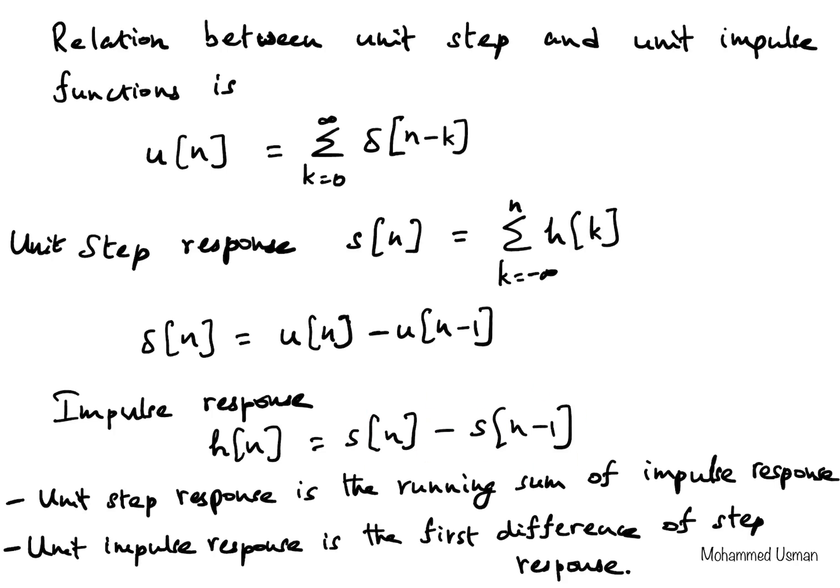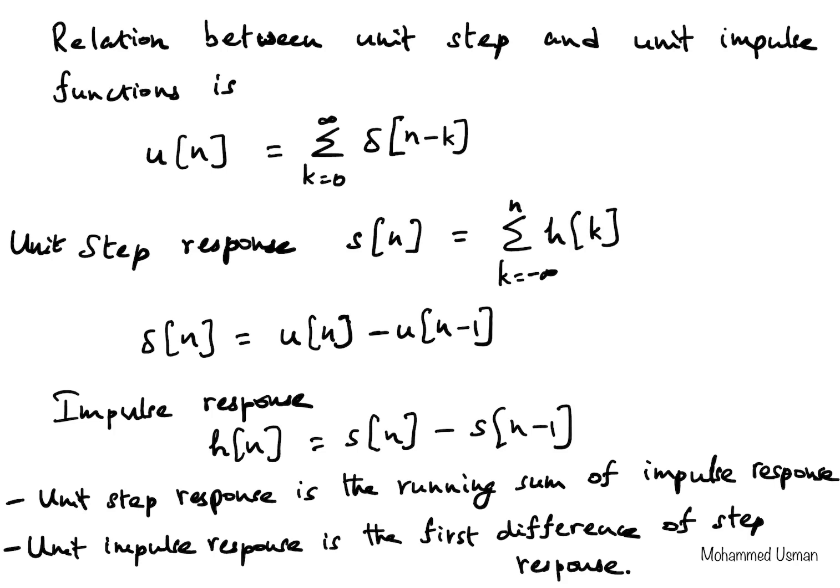So if we know the step response, we can find the impulse response. And since the impulse response completely characterizes the LTI system, the unit step response also completely characterizes the LTI system, because from the unit step response we can compute the unit impulse response, and therefore using either of the two we can completely characterize the LTI system.